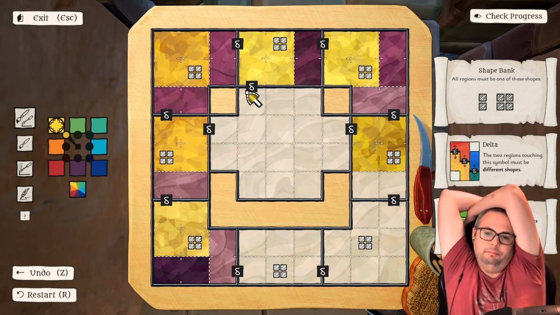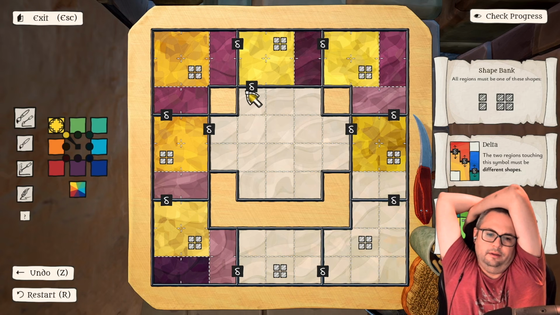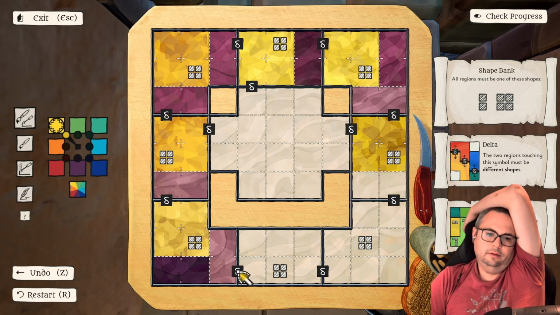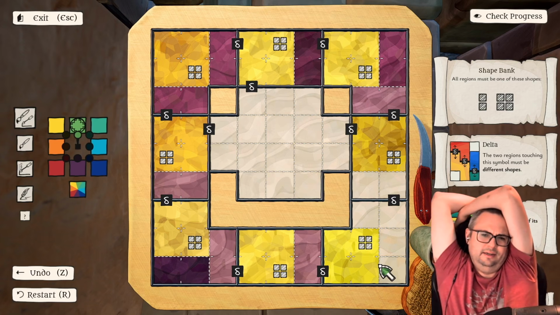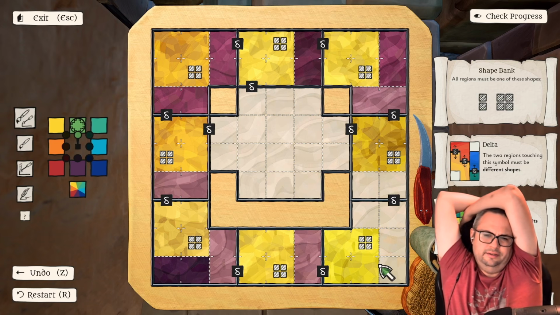Why should this break, though? Oh, it breaks all the way on the other side? It sure does.